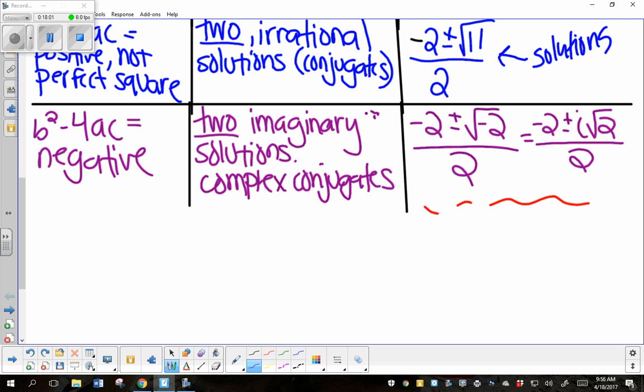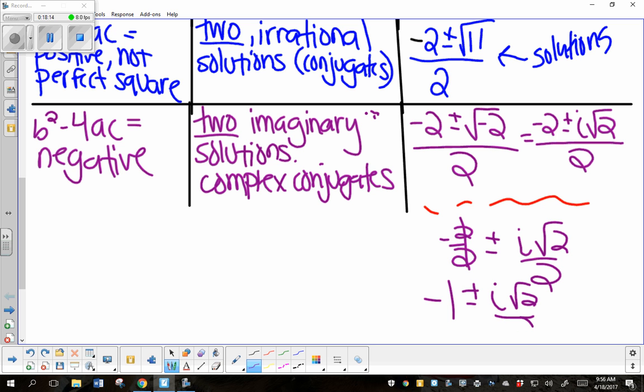So he's saying you could do kind of heart method, negative 2 over 2 plus or minus i root 2 over 2. And he's saying on this one, you could make that a negative 1. So it'd be negative 1 plus or minus i root 2 over 2. So you can do that, yeah. You just can't cancel a 2 in a square root and a 2 not in a square root.